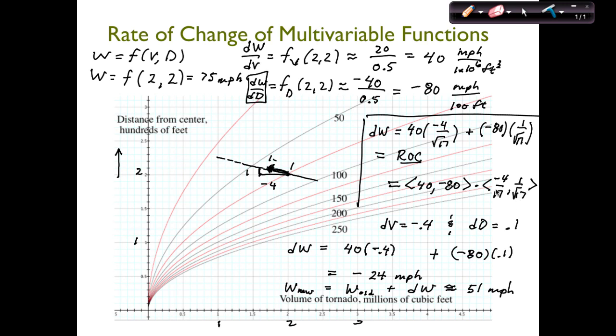Unit vector representing some proportion of changes of an x and y change. Are you following this? So in general, the rate of change is equal to a vector of the partial derivatives dot a unit vector that's representing a proportion of changes in x and y.